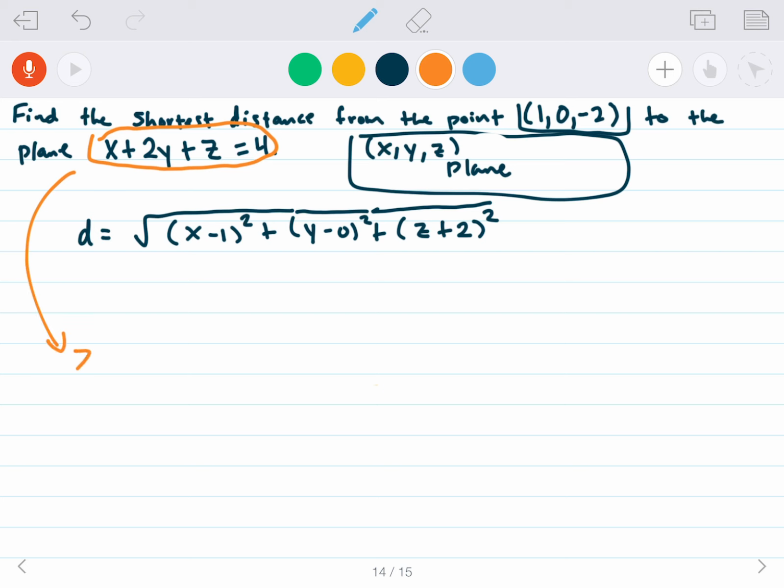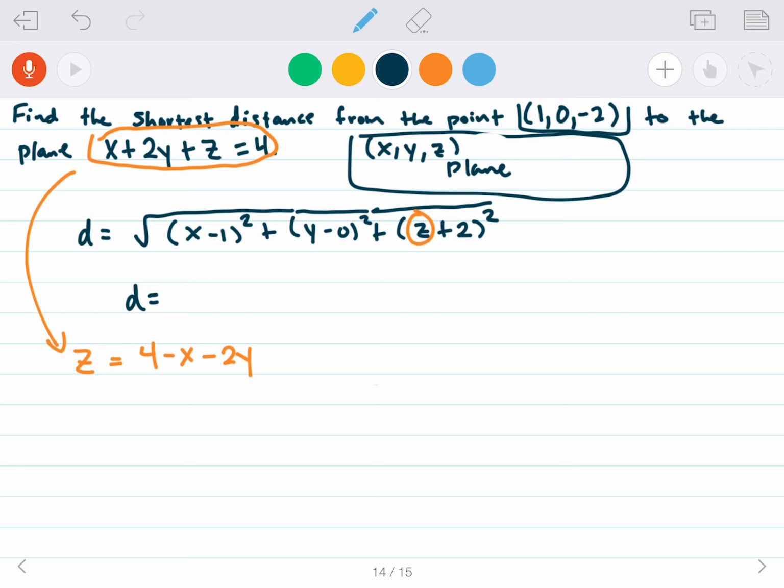If I isolate z, I get z is equal to 4 minus x minus 2y. And I can just sub that in right here so that I'm in just two independent variables.